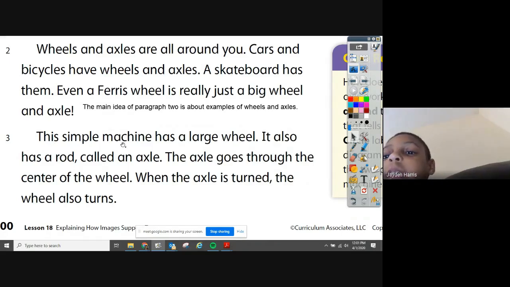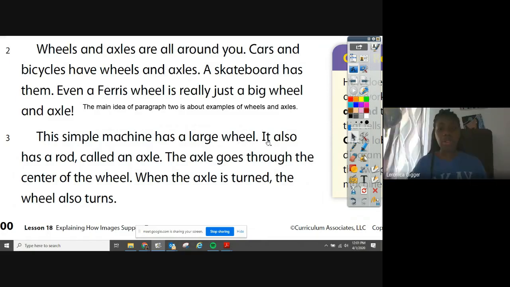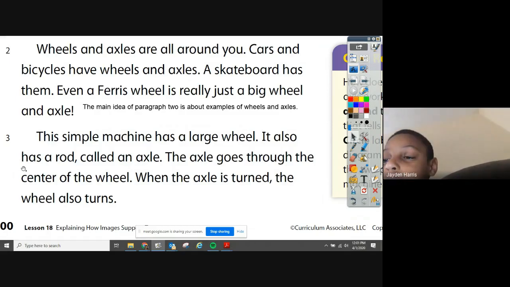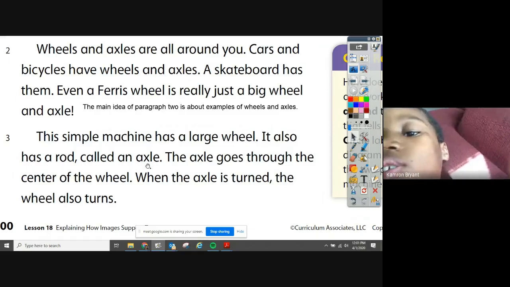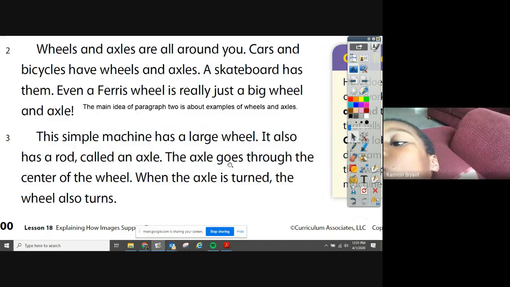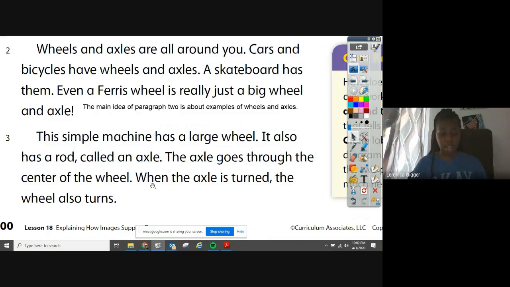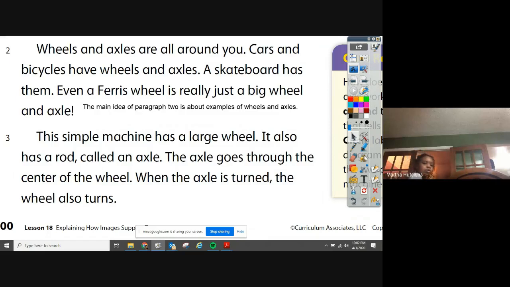This simple machine has a large wheel. 1, 2, 3. Read this sentence where my hand is. It also has a rod called an axle. Read. The axle goes through the center of the wheel. Martha, read the last sentence for us. When the axle is turned, the wheel also turns.